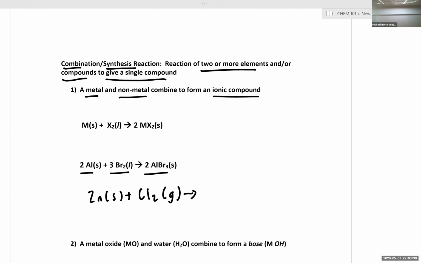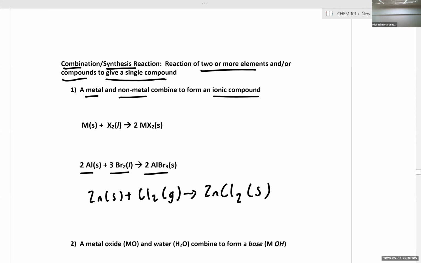And don't be shy to propose the products in the chat. So our metal and nonmetal are combining to form an ionic compound, which would be zinc chloride.